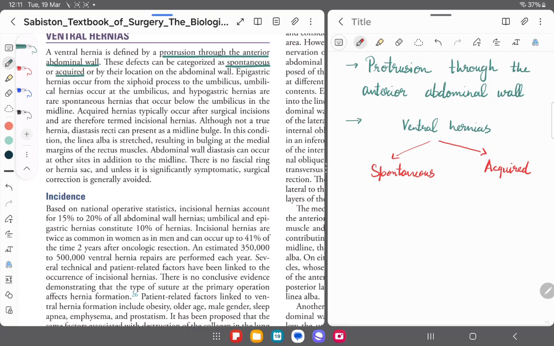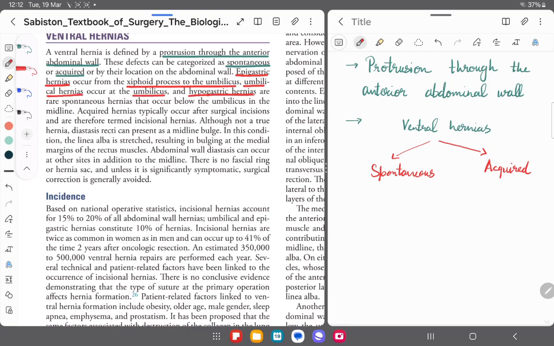Epigastric hernias occur from the xiphoid process to the umbilicus, and umbilical hernias occur at the umbilicus.